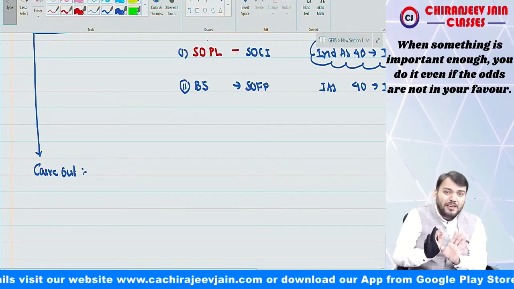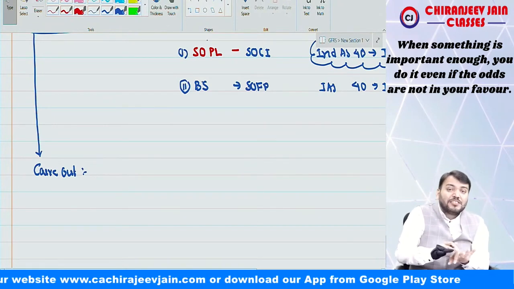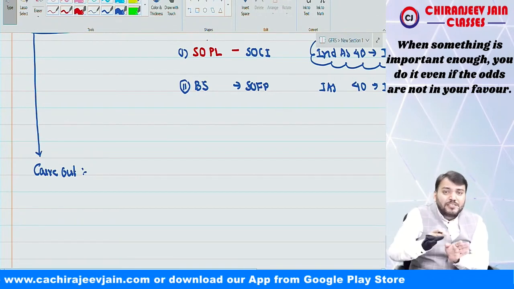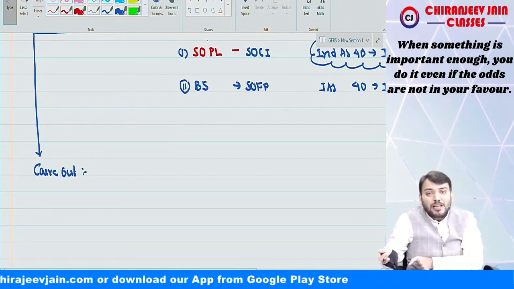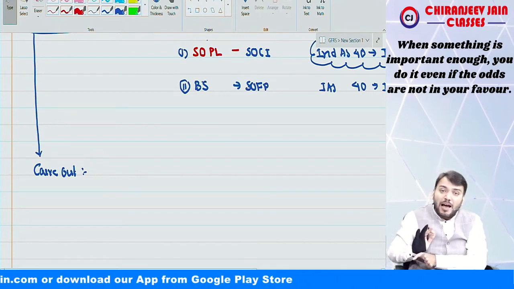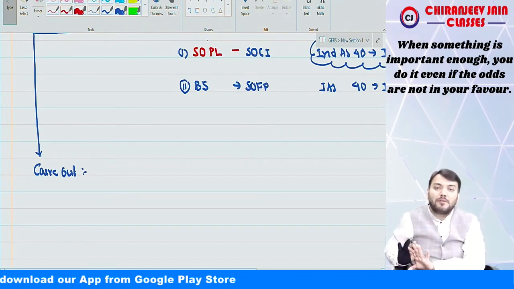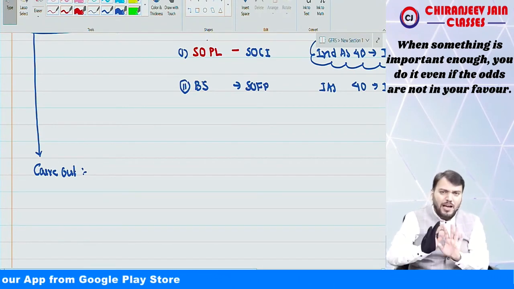So, giving emphasis to the economic condition prevailing in India, some differences have been made as compared to the accounting treatment given in IFRS. That difference is known as carve out. I hope you have understood.